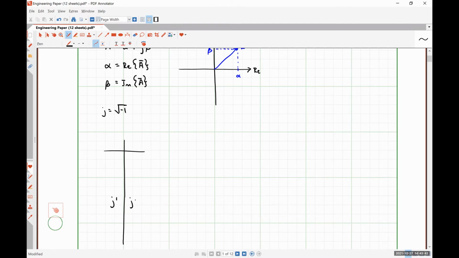And this is obviously just J, which is the square root of -1. So if I have J to the second power, this is J multiplied by J, which is -1.